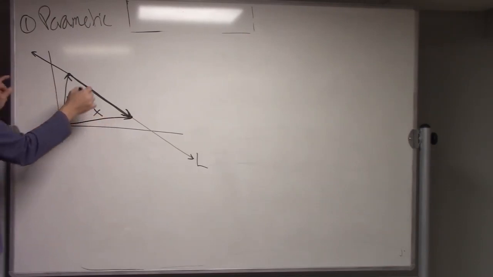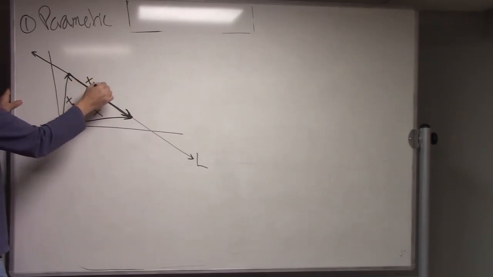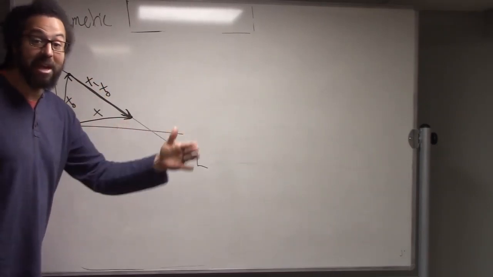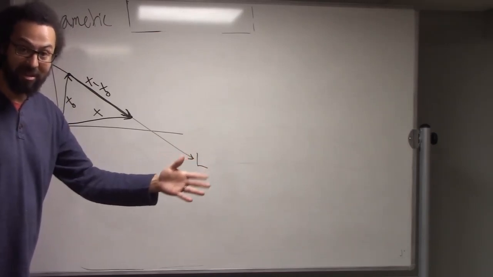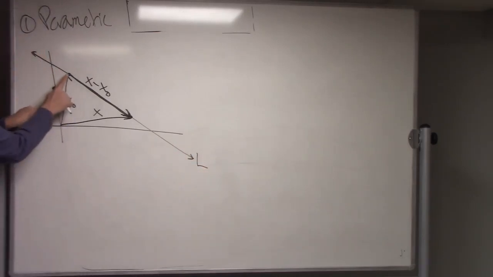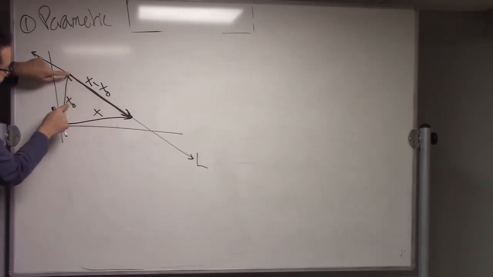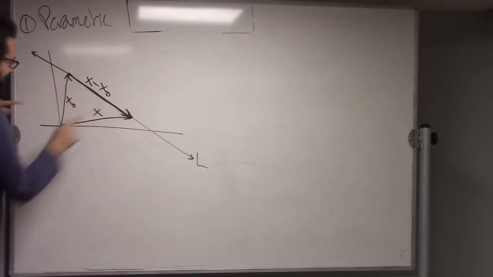So we can go ahead and call this thing x minus x0, because if you just remember the tip to tail representation of vector addition, you've got x0 followed by x minus x0. So if I add this thing to this thing, the x0s cancel and I just get x.